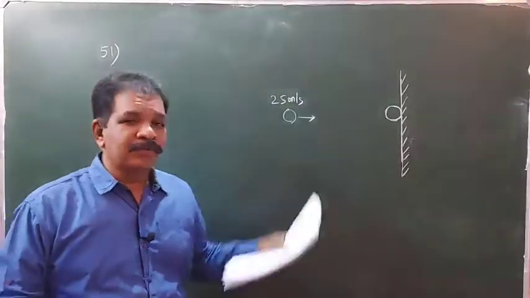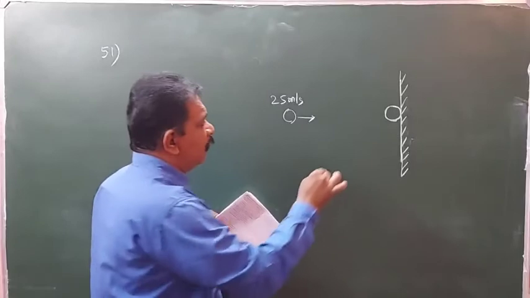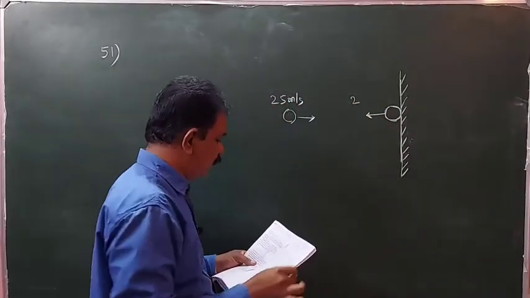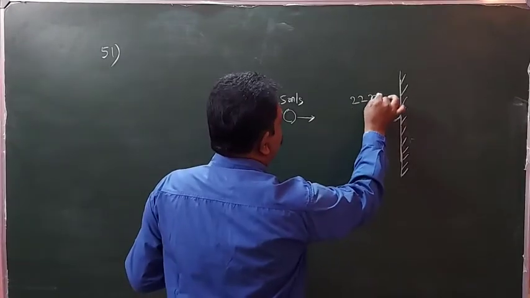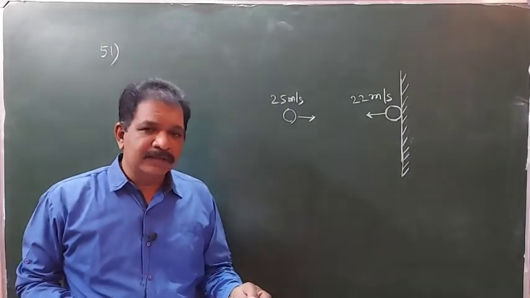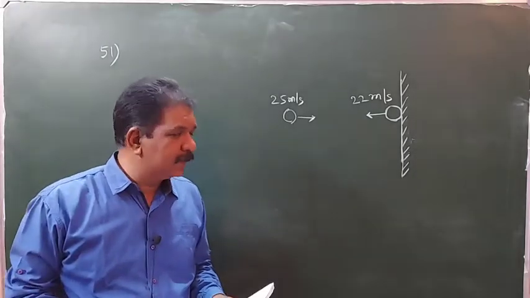It loses some velocity and returns back with a velocity of 22 meter per second. Time of contact is 3.5 millisecond.